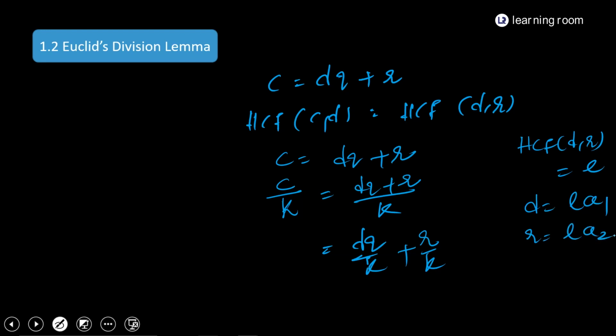Because L is a factor, L is the HCF, we can write it like that. Now can you express C? C equals L A1 Q plus L A2 from the equation dq plus R. If you take out L, it is L times (A1 Q plus A2). So again L is a common factor of C, right?